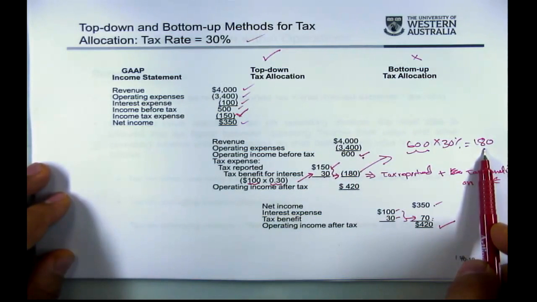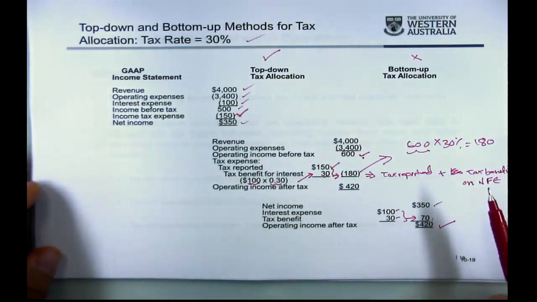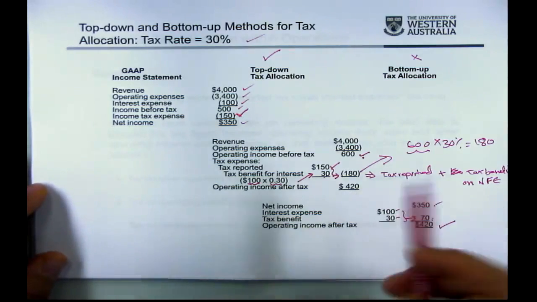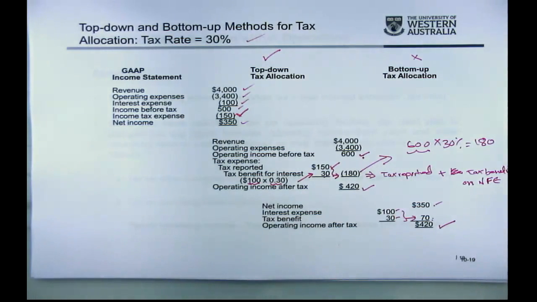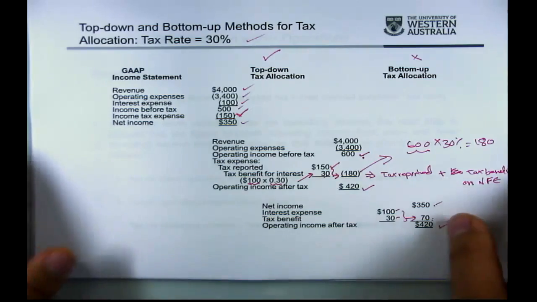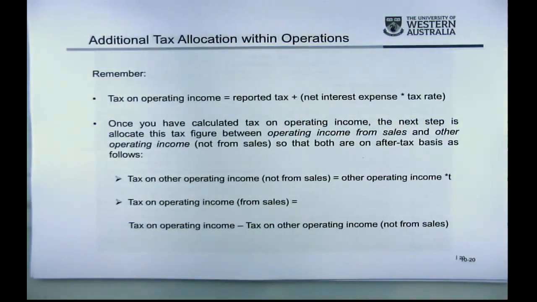Make sense? Clear? Okay. So this is the after-tax operating income. Okay? This is a very simple example. Now let us see how to calculate the tax on other operating income and the tax on operating income from sales.